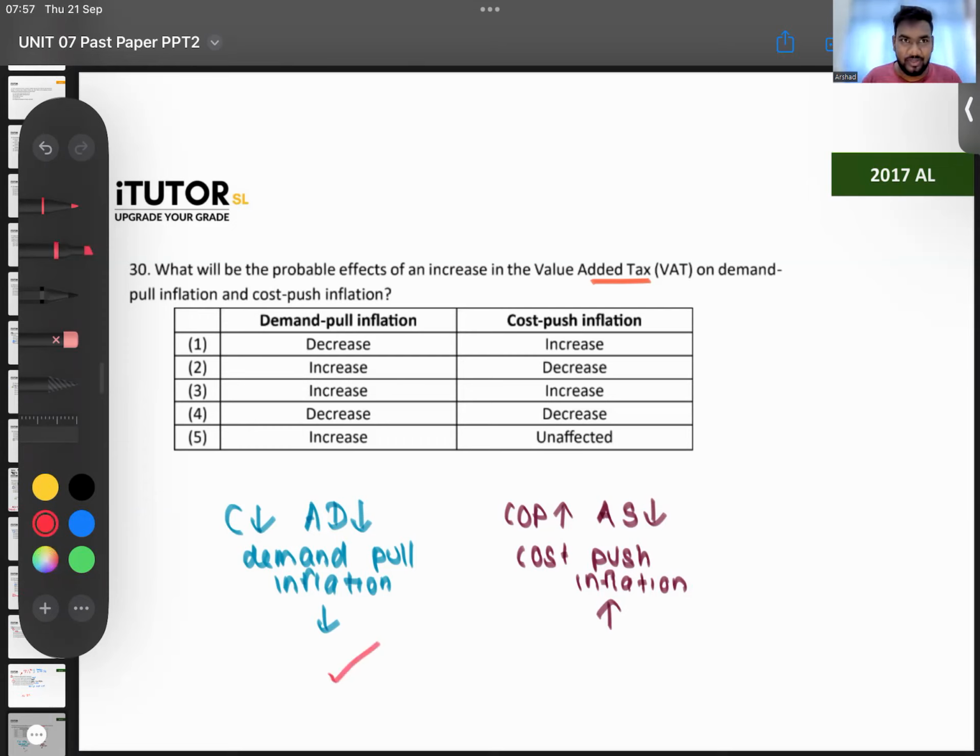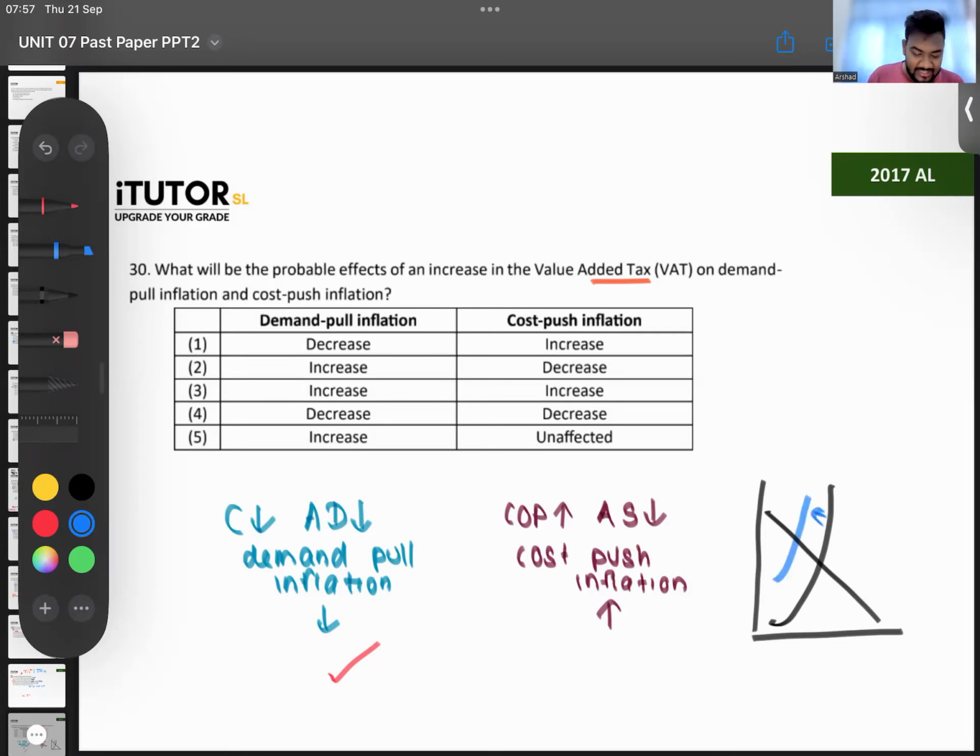Then the second part. If you take a firm, what happens? Because of a VAT, let's say they are bearing half of that VAT, their cost of production goes up. So when cost of production goes up, what happens, guys? Their aggregate supply comes down. Think of when there was aggregate demand and aggregate supply like this. Now what happened? Cost of production went up because of the VAT. Therefore, aggregate supply has come down.